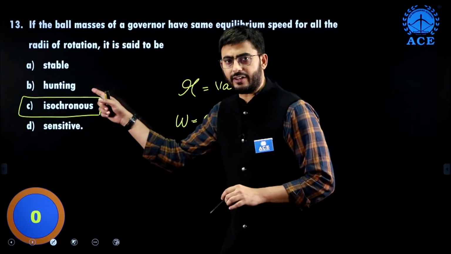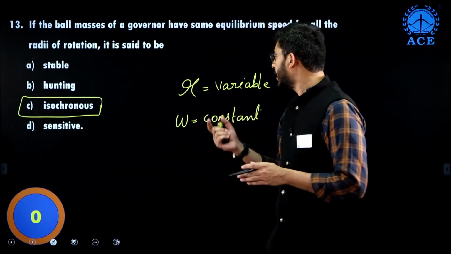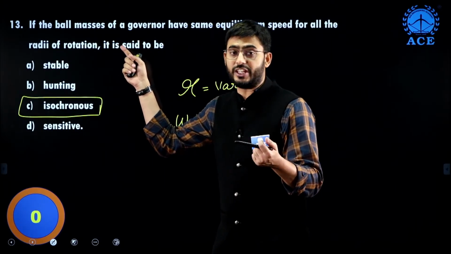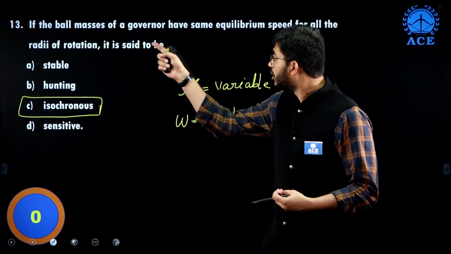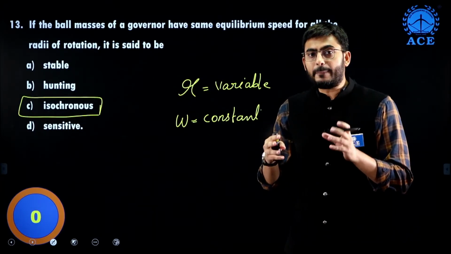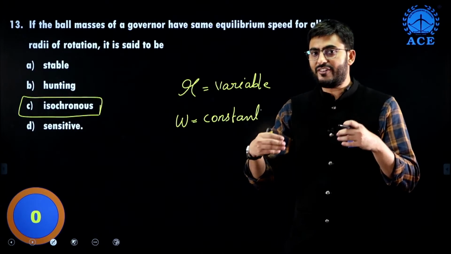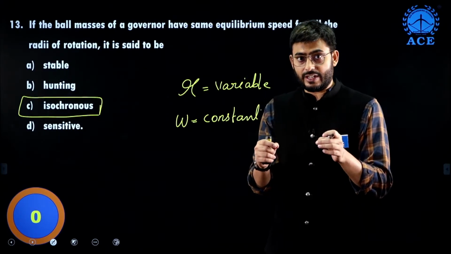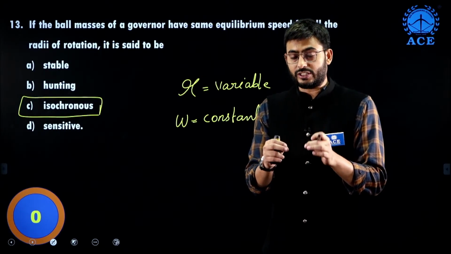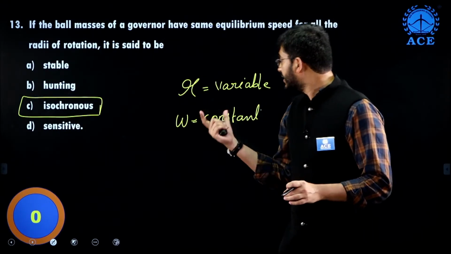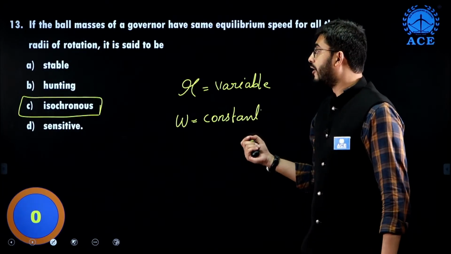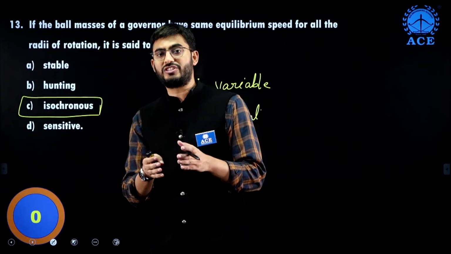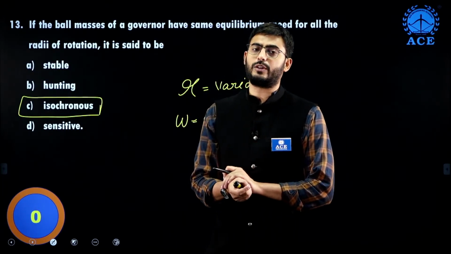Whereas in the stable governor, there is a different value of speed for every change in the position of the ball masses. If they vary radially, then for that variation in radial distance, they are going to have a different value of speed, and that is for the stable governor. And hunting is associated with the highly sensitive governor.